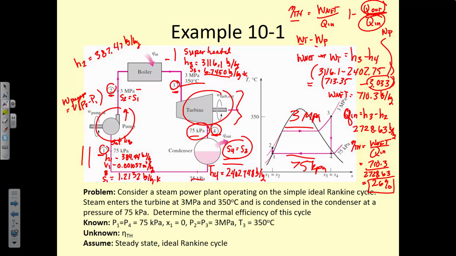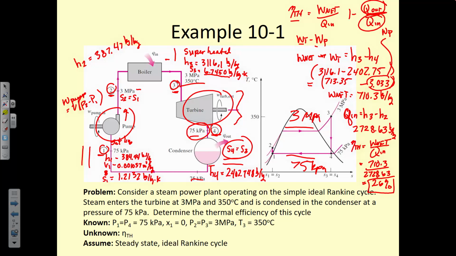If I went to 3 megapascals and let's say my temperature was like 200 Celsius, I'd see there is no 200 Celsius at 3 megapascals. That means I'm actually a compressed liquid, so I have to go to the compressed liquid table or make a compressed liquid approximation. But by and large, coming into a turbine, you should have a superheated vapor.